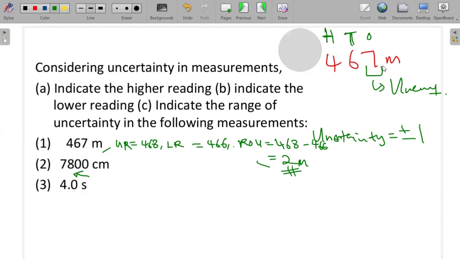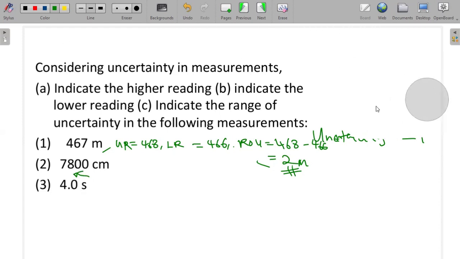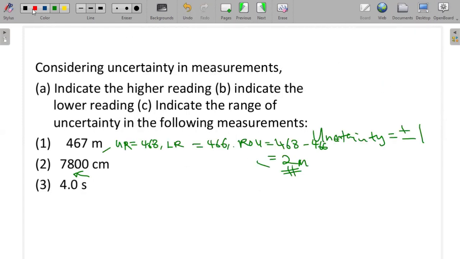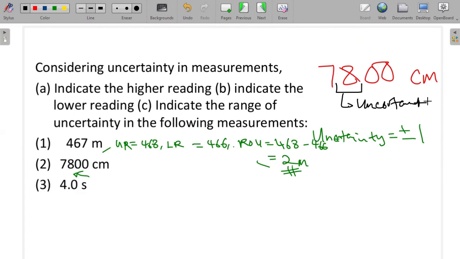Interesting one. Finally we have a bigger number. The next one now is 7800 centimeters. Which one here is the last significant number? The last significant number is this one here. These 2 zeros are not significant because I can't see any decimal point there. So this digit here will be uncertain, which means my uncertainty.